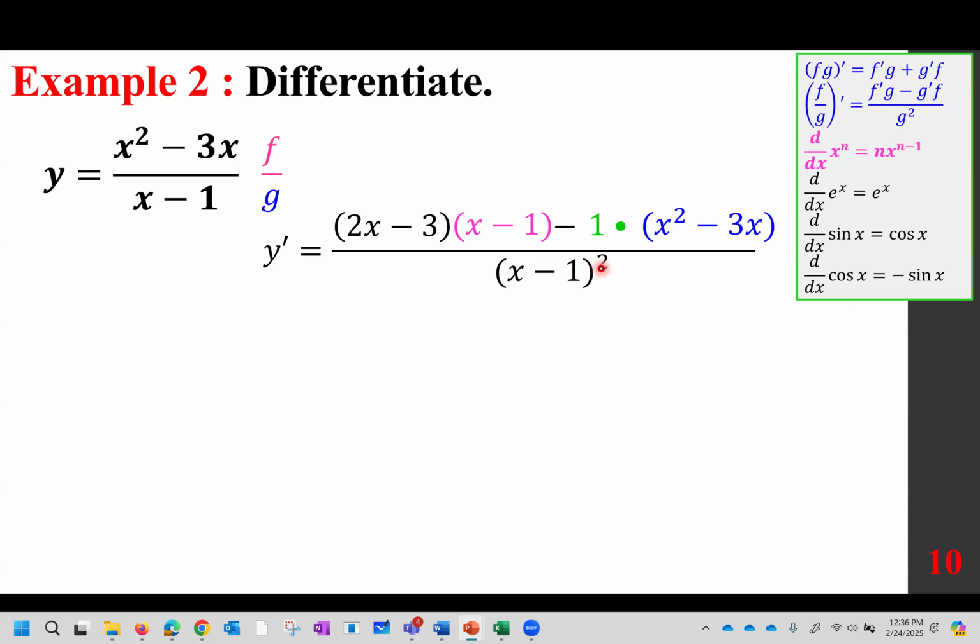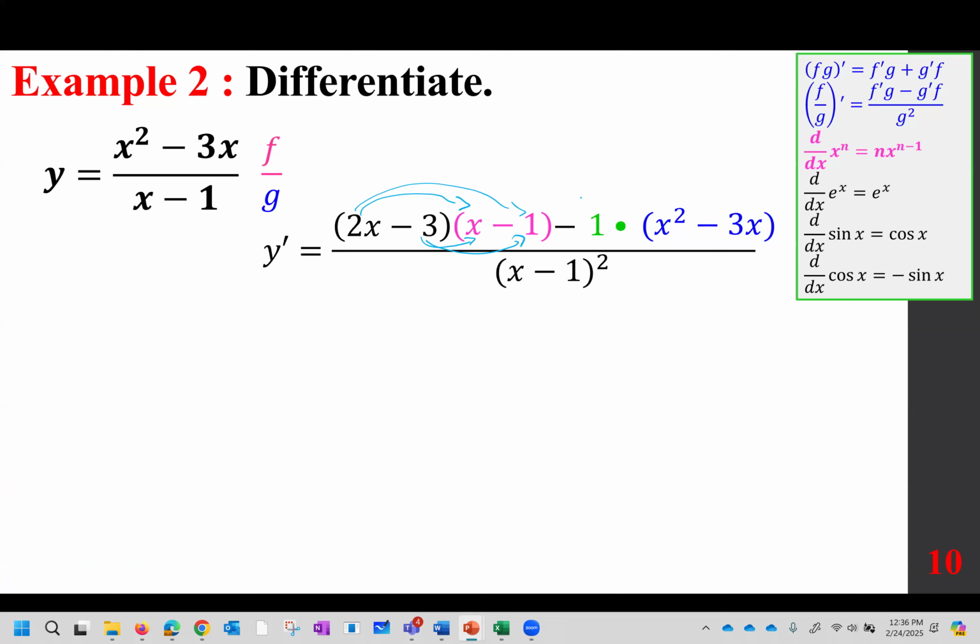Now we are going to do a couple of steps to finish the job. First, the denominator, we don't touch it. This one we distribute. Clearly, we get the following, everybody. This is 2x squared. This is minus 2x minus 3x. They add up to minus 5x.